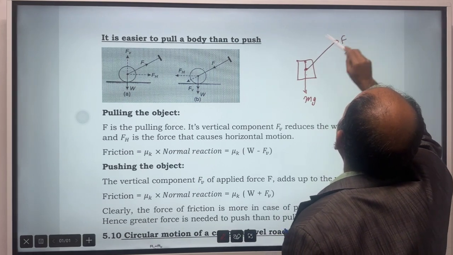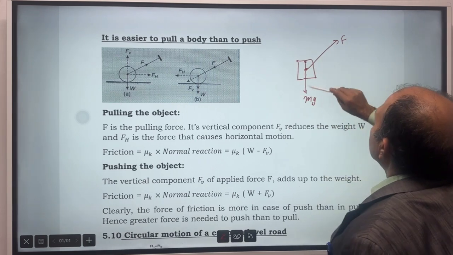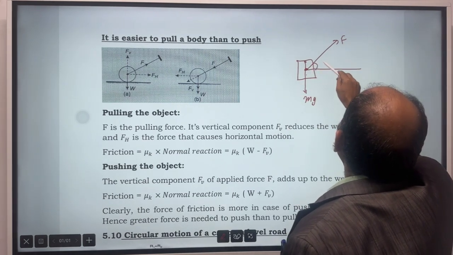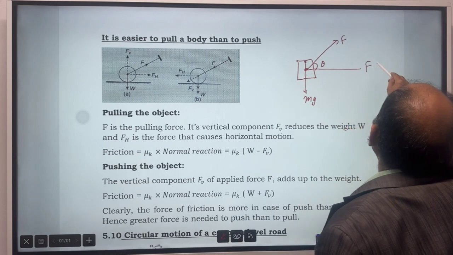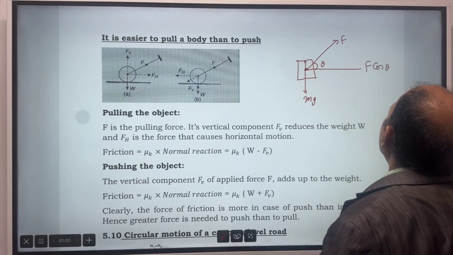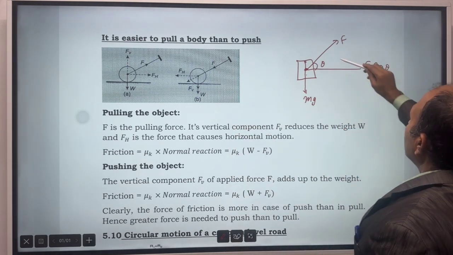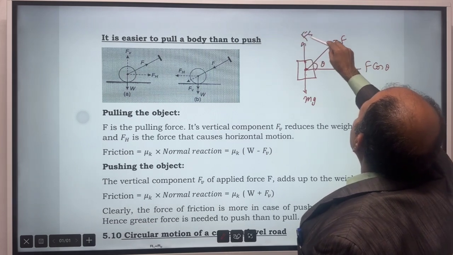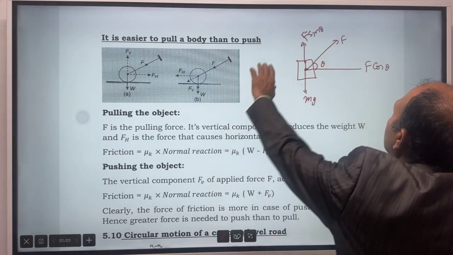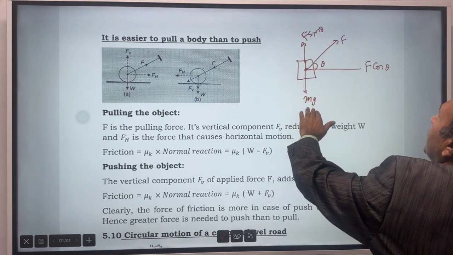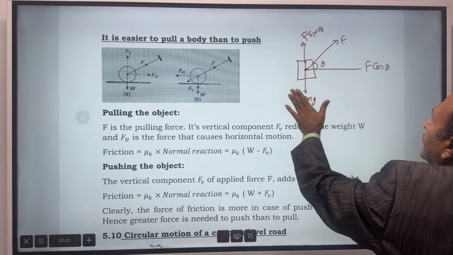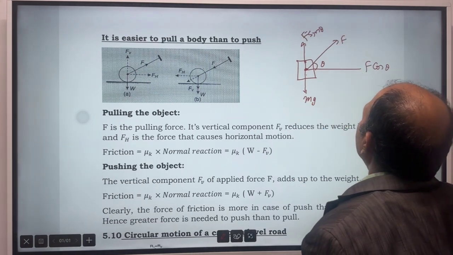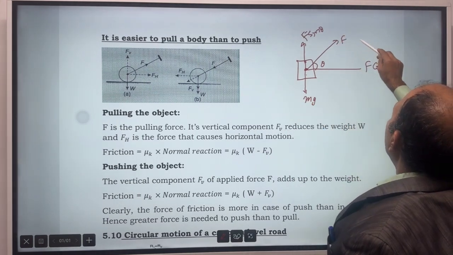This is F. So this force F has two components. Suppose this angle is theta along horizontal. One component will be F cos theta, which will try to pull it in this direction. Another component will be F sin theta. This component F sin theta will reduce the weight of the body. So net weight to be pulled by F cos theta will be mg minus F sin theta. So this is the case of pull.